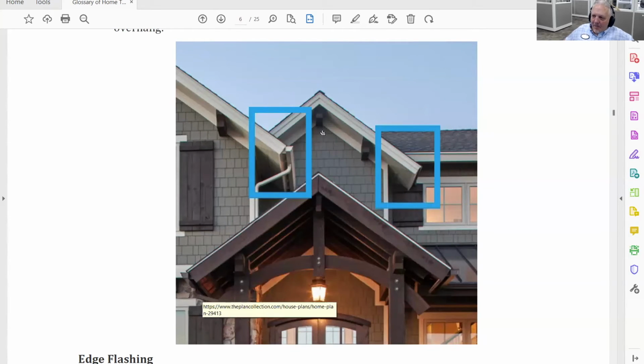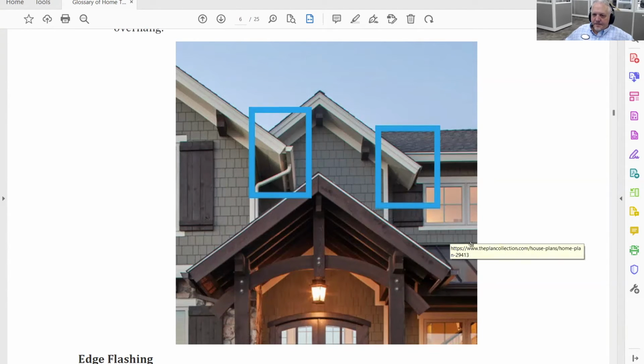Okay. The underneath of the eave, does anybody know what the term for this face that's underneath of the eave? It's called the soffit.